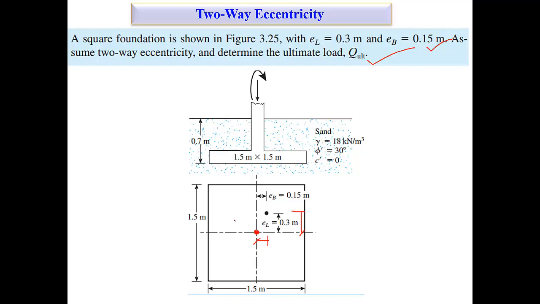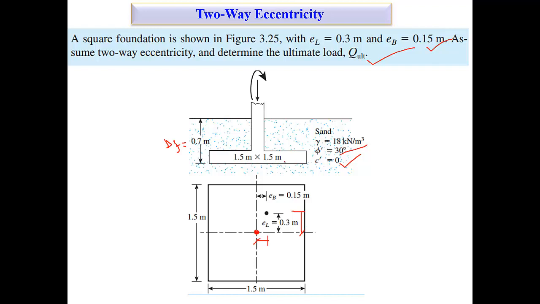The dimension of the square footing is given as 1.5 and 1.5, so B and L would be the same, so it's easy for you. And depth DF is given how much? Sir, 0.7, sir. Very good, 0.7. And C prime is 0. Frictional angle is given 13, and unit weight is given 18.